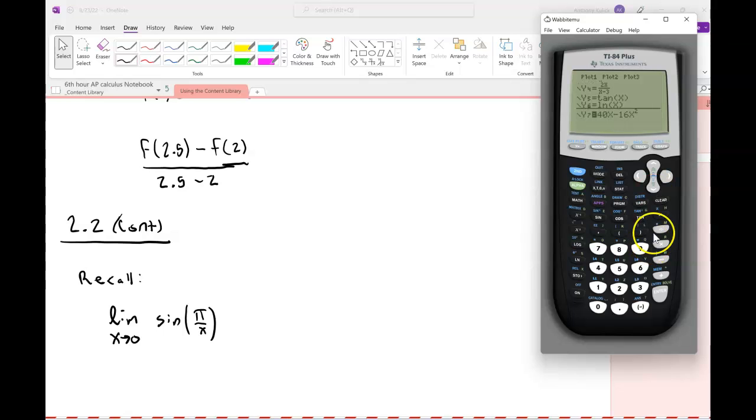All right, and I'm going to zoom in real close to 0 here. Okay, that should be sufficient.